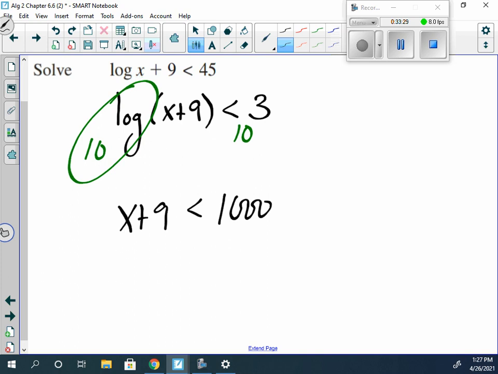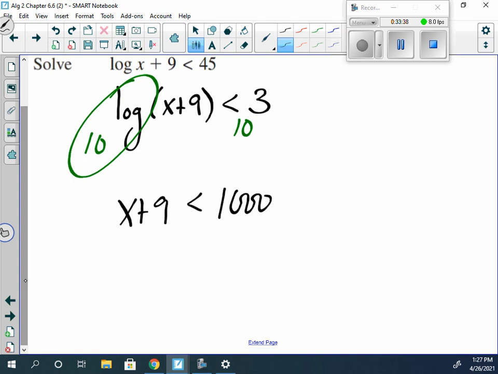Any questions on any of this here? Now at this point here, we do need to get the value of x by itself. So we can subtract 9 from both sides, which will tell us x is less than 991.